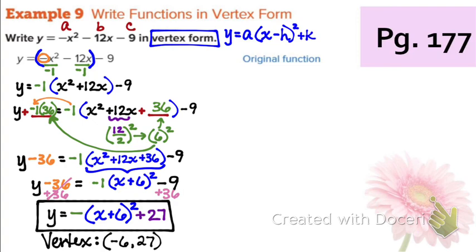How do I tell? What is our A value? A value is right after the equal sign, so I'm looking right here. A is negative. Does it open up or open down if A is negative? Down. If you are feeling very negative about something, you're going to frown. So it opens down like a frown if A is negative.